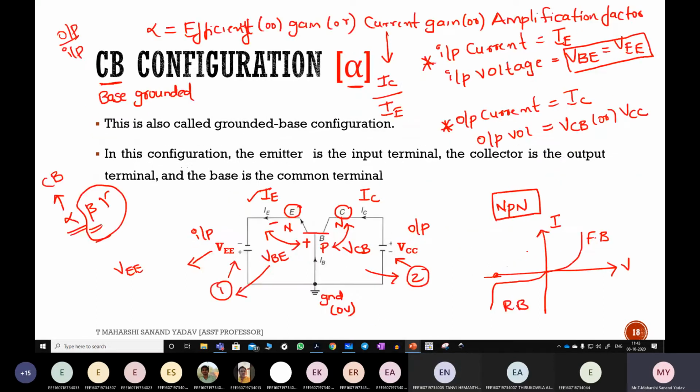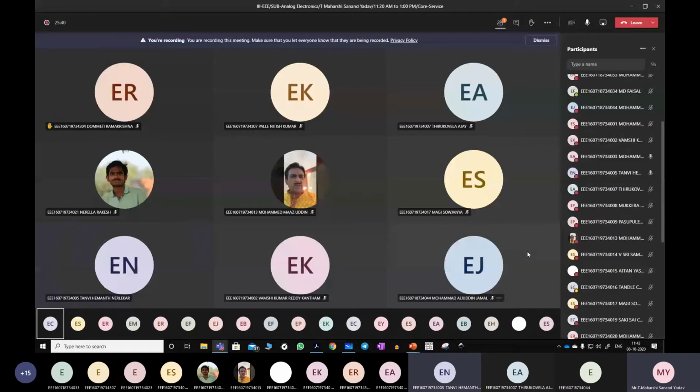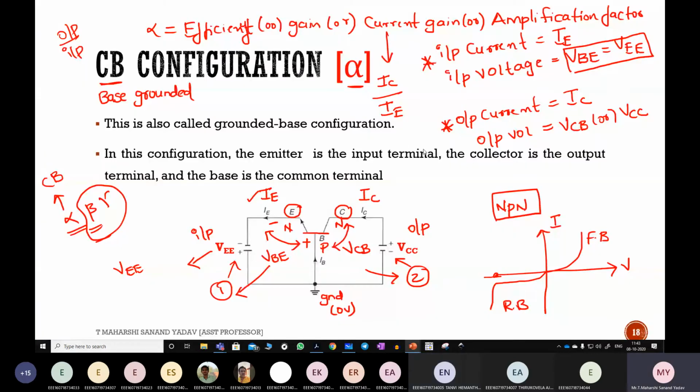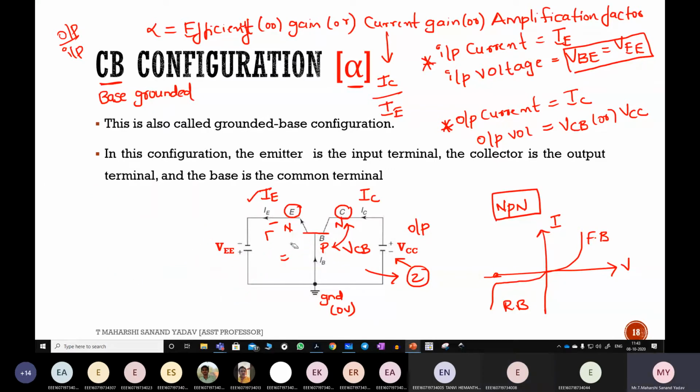Let me ask others also because others are not responding. Roll number 8, can you tell me about CB configuration? What is the input current and what is the input voltage? Just tell me what you have understood by these three configurations.